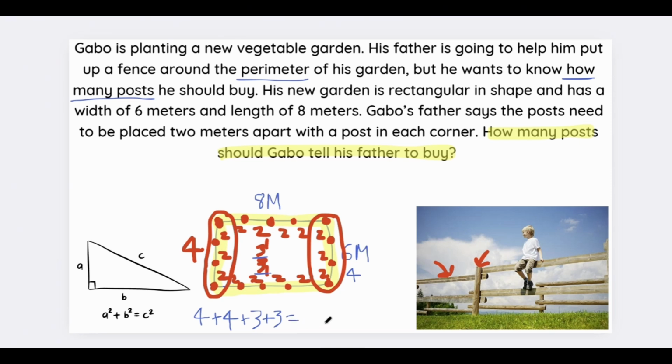So it would be 4 plus 4 is equal to 8, plus 3 is 11, plus 3 is equal to 14. And that would be 14. So he should tell his dad to get a total of 14 posts.